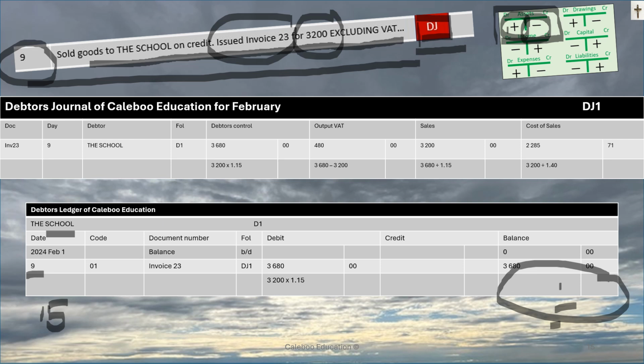If they phone, we know what they owe us, because these transactions are taken from the journal on a daily basis. When it goes to the control account in the general ledger, it is on a monthly basis. But we're first going to do the school's account in the debtor's ledger. So that was the first transaction on the 9th.